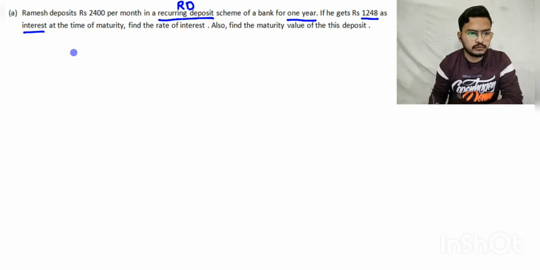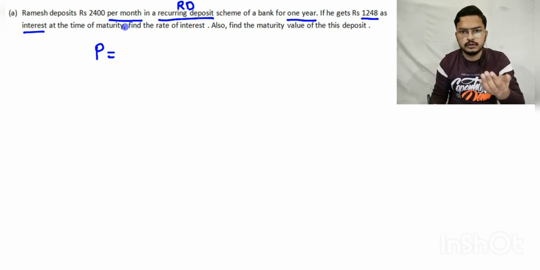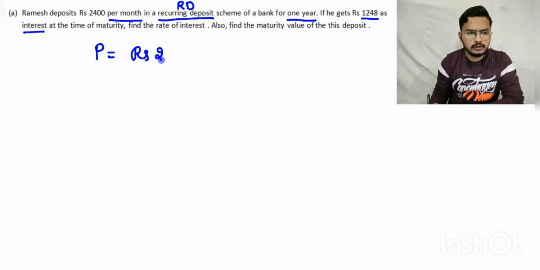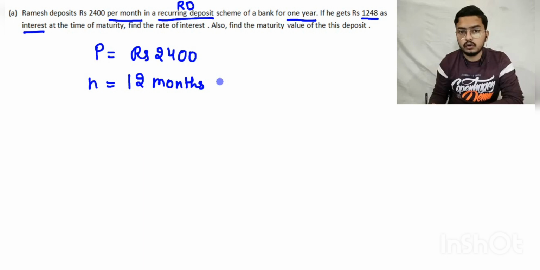So just first write the given values. The principal value, because per month he is depositing in the RD account, so principal value is rupees 2400. For 1 year he is depositing, means n is given as 12 months, because you all know that n is in months, right?